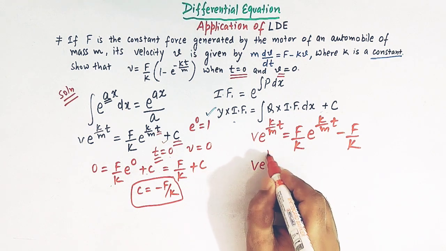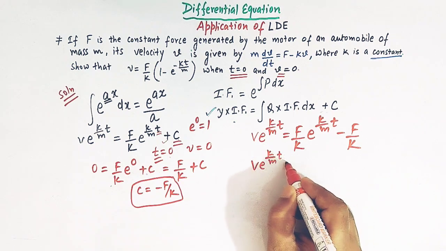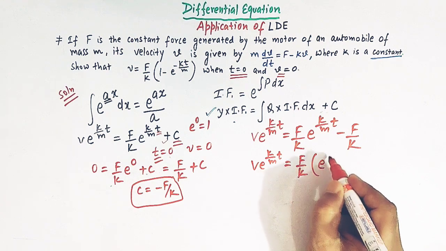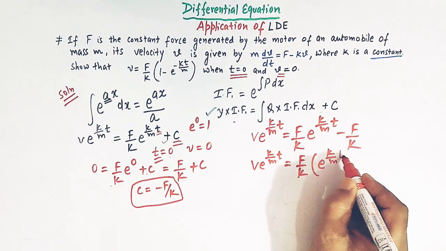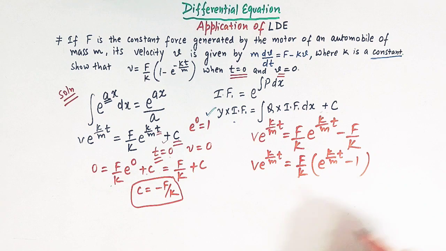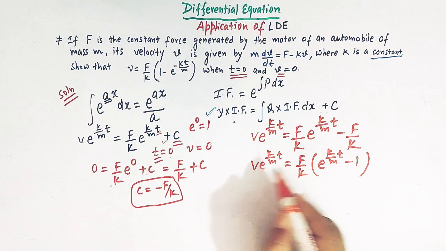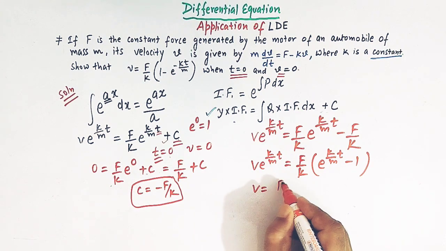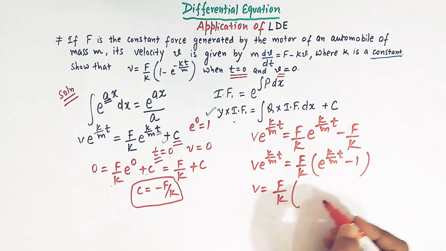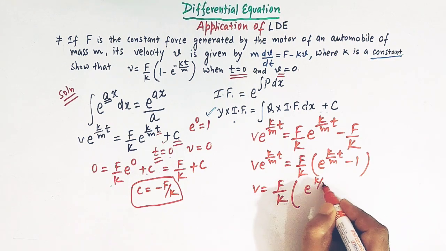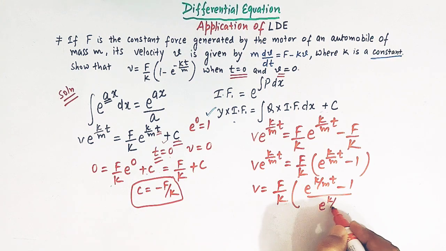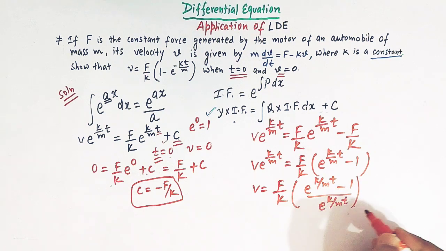Now for v e raised to k over m t, we can take F over k outside, so we have e raised to k over m t minus 1. Now if we divide both sides by e raised to k over m t, we'll get v equals F over k times e raised to k over m t minus 1 over e raised to k over m t.